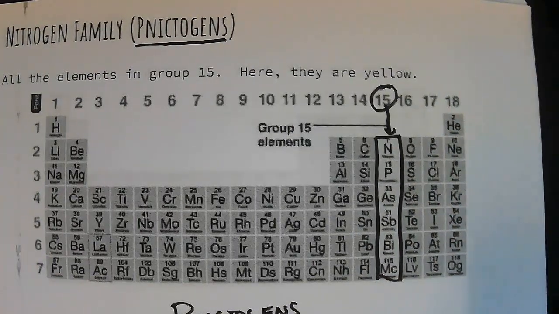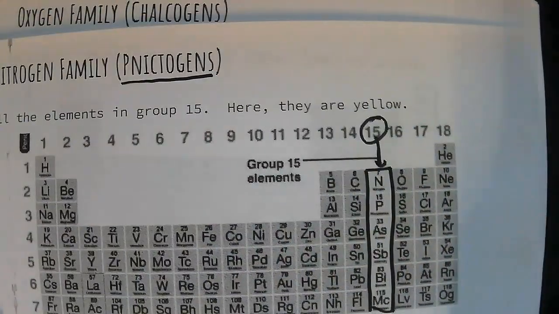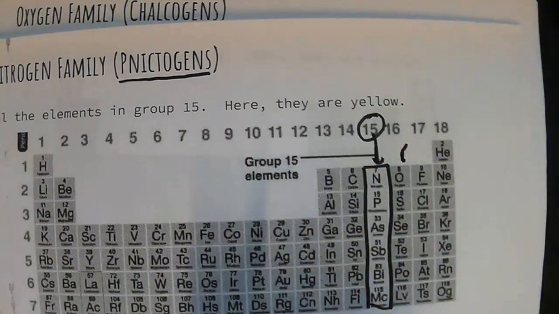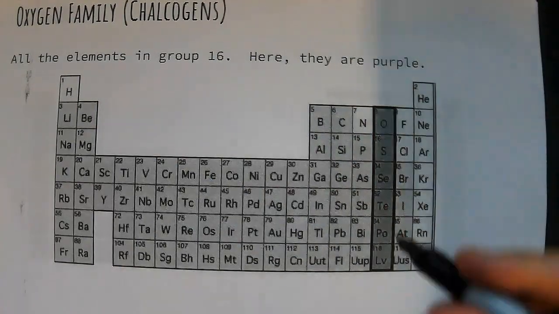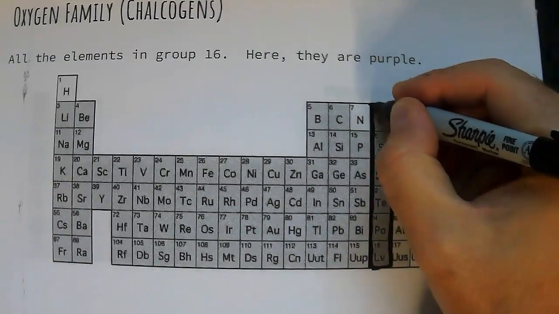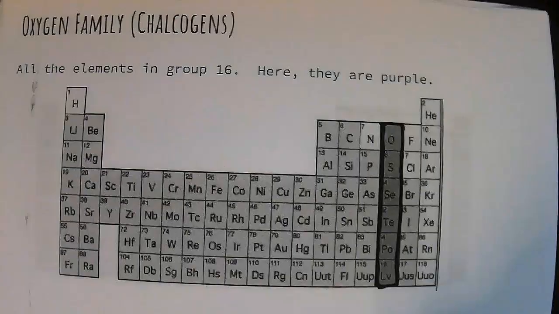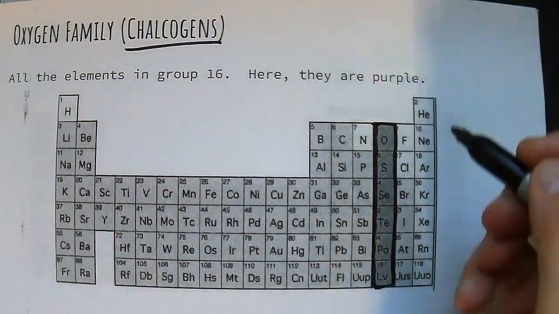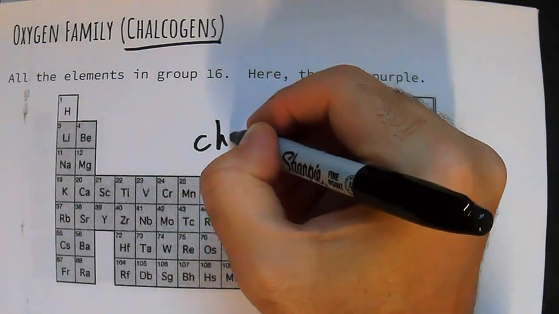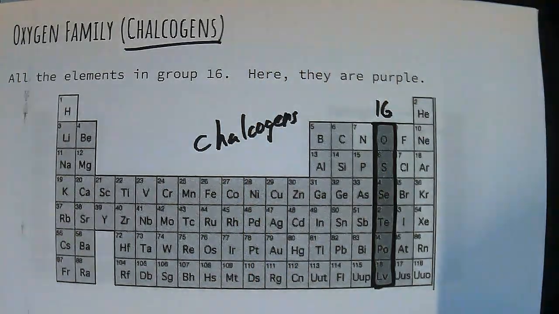I like the name pnictogen. And then next to the pnictogen is the oxygen family, but that also has a funny name. It's called the chalcogens. So these guys are the chalcogens, and this is group 16.